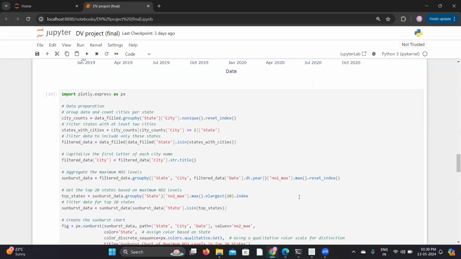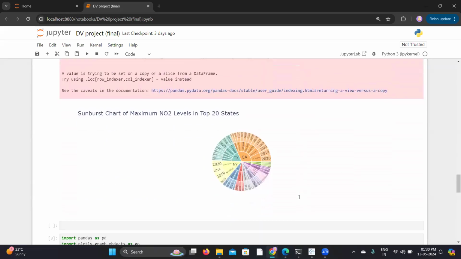So next we have a sunburst chart of maximum NO2 levels in the top 20 states. So we have taken 20 states. If you can see, Texas, California, and New York are prominent because we took them as examples here. Each state is represented with segments indicating NO2 levels for different years, showcasing trends and comparisons across states over time.